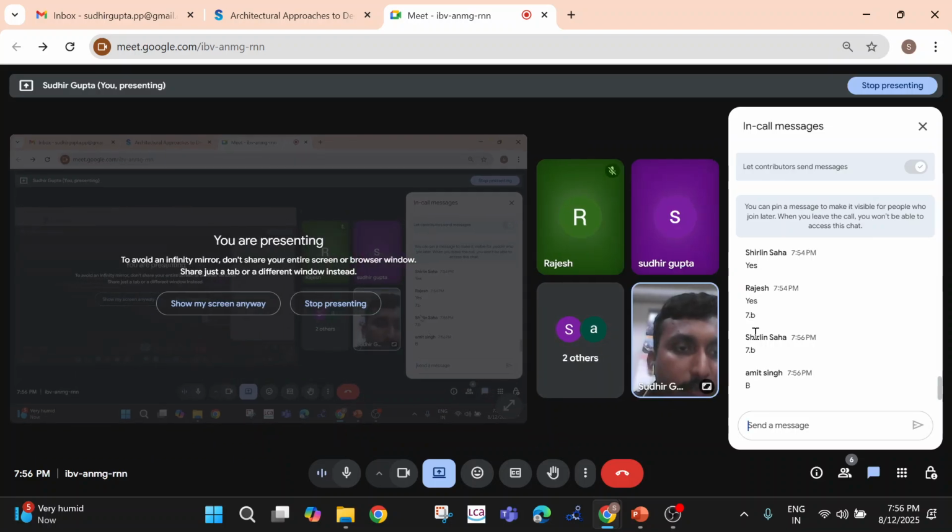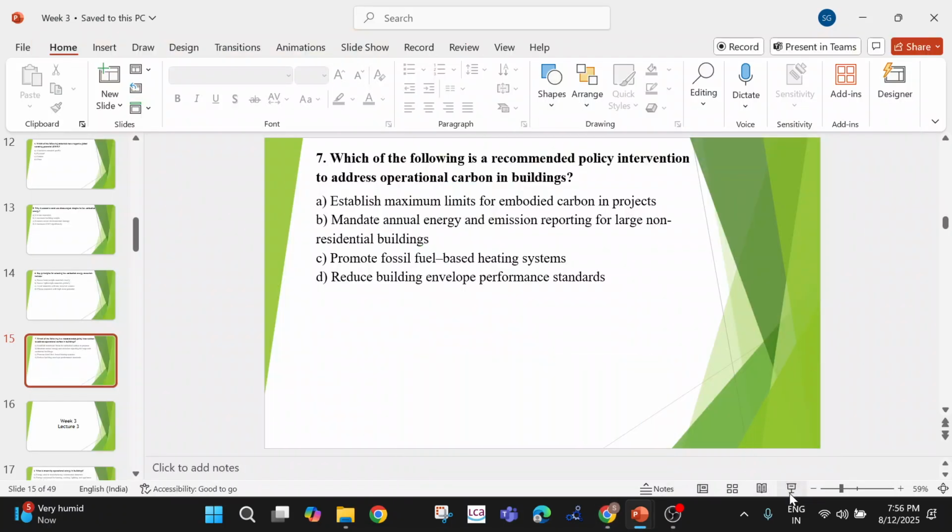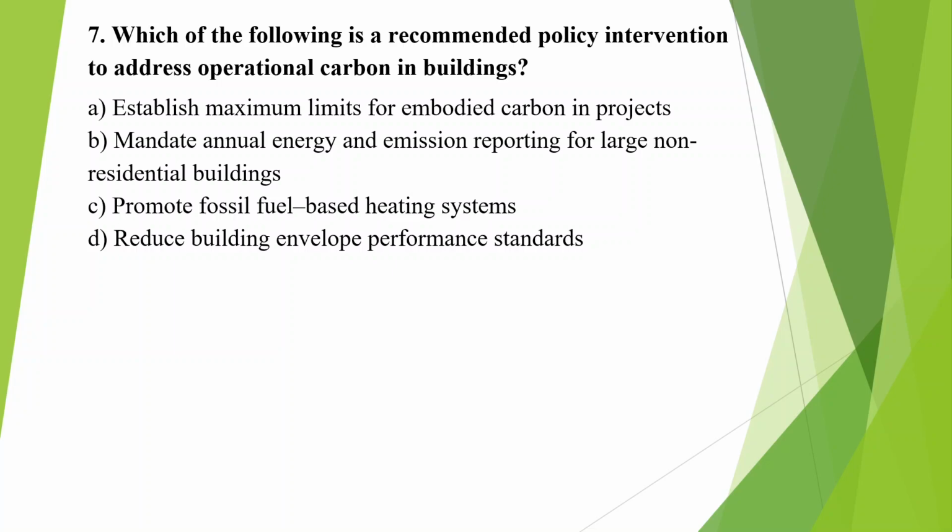I can see Rajesh, Silin, Amit, all of them have marked option B and they think it is the most appropriate answer and they're absolutely correct. Option B is the correct answer for this question. Mandate the annual energy and emission reporting for large non-residential buildings.